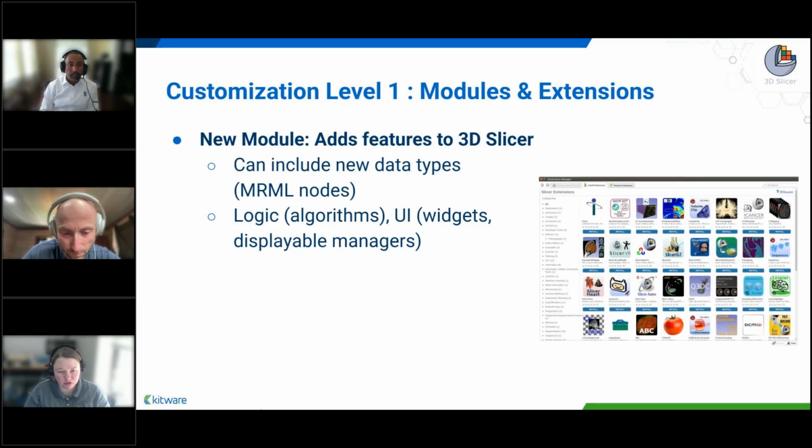These modules can also contain new node types to define how new types of data are managed, but those are definitely more in-depth development work rather than simply creating a new processing algorithm.